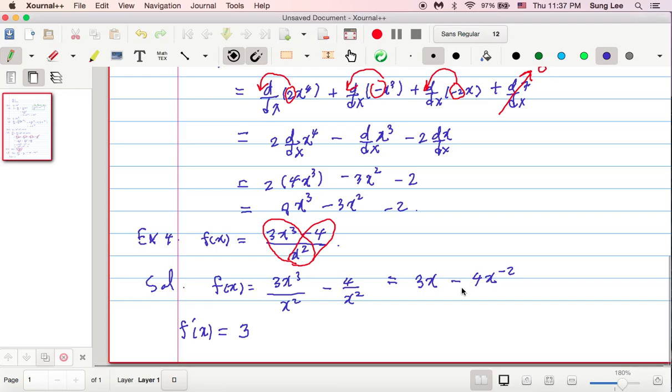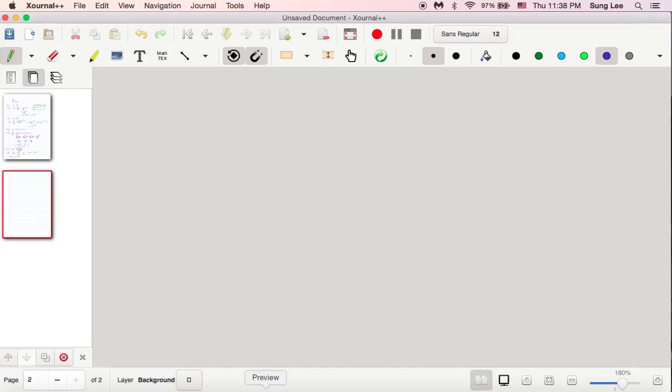And here, negative 4 times x to the negative 2, you can use the power law. Negative 2 comes down, so negative 4 times negative 2, that's plus 8. x to the power negative 2 minus 1, that's negative 3, right? So that's the derivative. Okay? Easy. All right, so I'm out of space, so I'm moving to a new page.